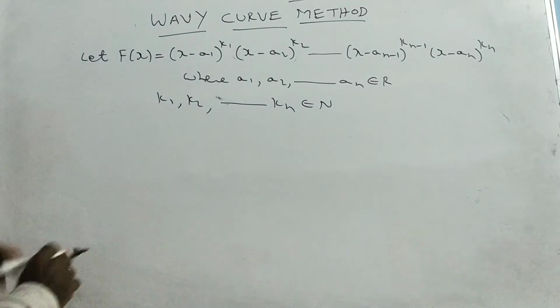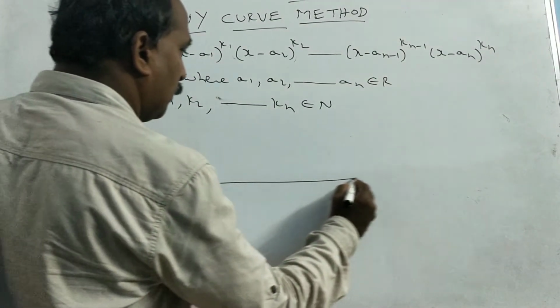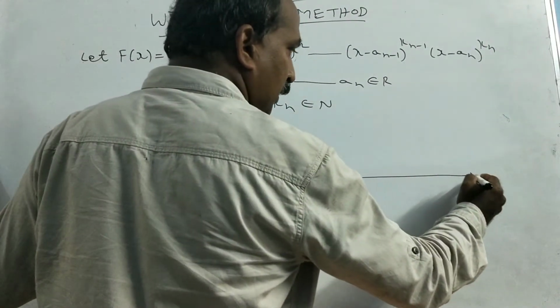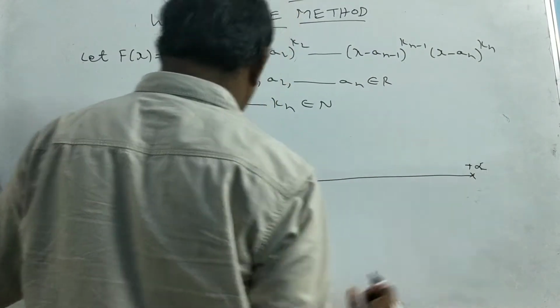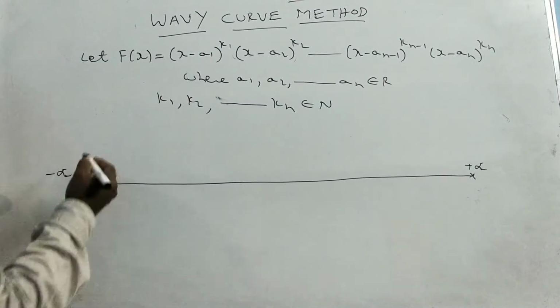Draw a real line. Let us draw a real line. Take plus infinity here and put minus infinity here.